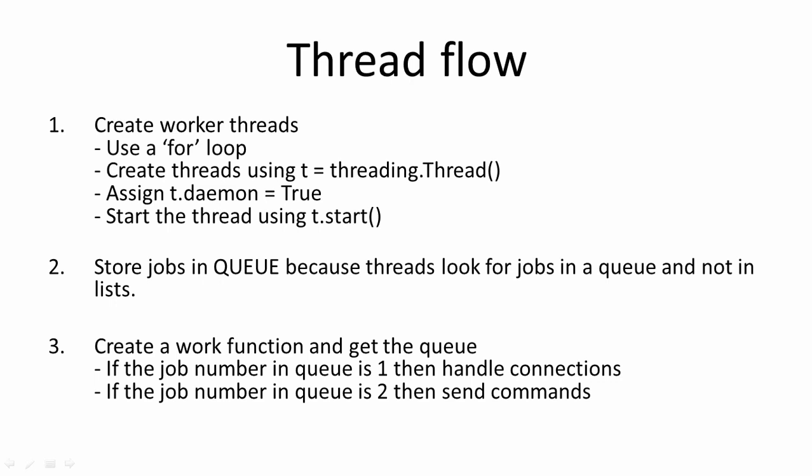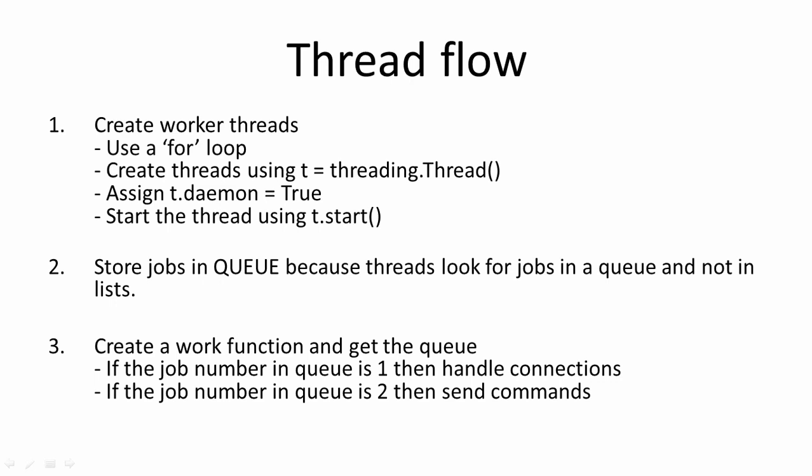After this, we will set the daemon of the threads equal to true. What this means is that we are telling the threads to release the memory after the program ends. If we don't set it equal to true, then the threads are going to run in the background and consume some memory even though the program has ended. After this, we will simply start the thread using the start function.